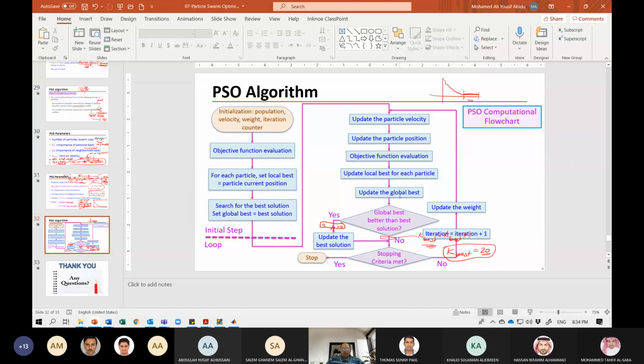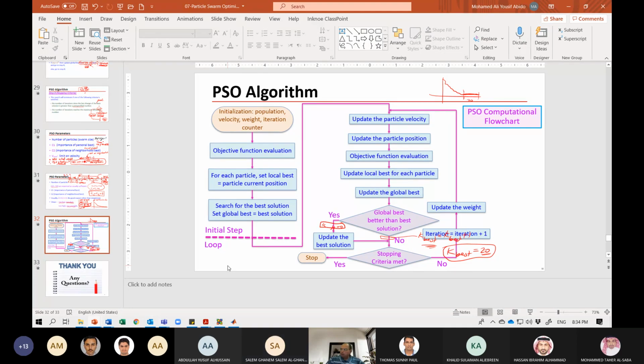And once you found a solution after updating the position and the velocity, if it is better than the stored one, then you update the best solution. Otherwise, you go forward and do another iteration, and then you update, and so on until you meet one of the stopping criteria. Is it clear, Salim?